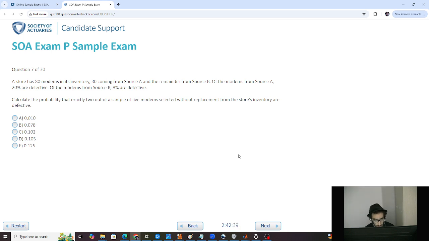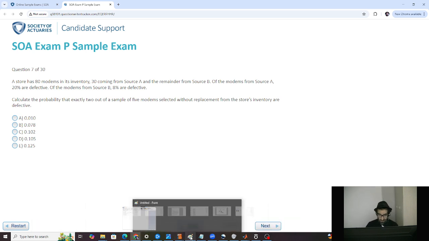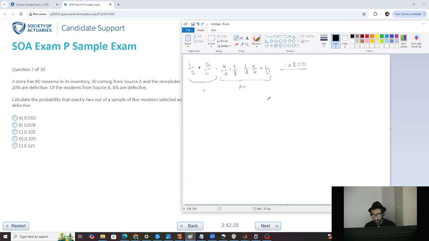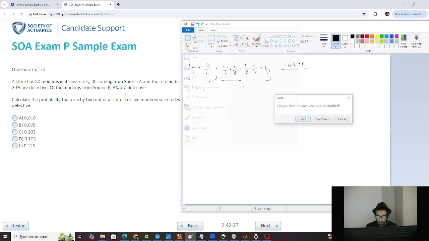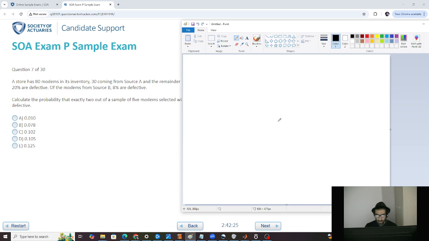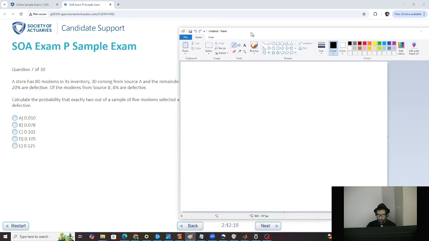Okay. Probability that exactly 2 out of a sample of 5 modems selected without replacement are defective. This is another hypergeometric distribution. It's a little funny about how you do it.